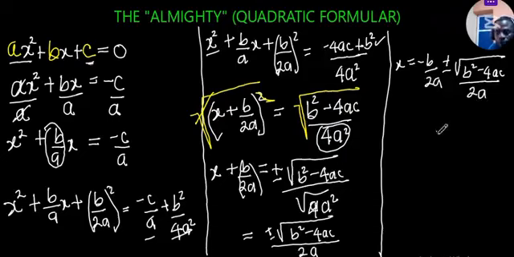2a. Now let's find the LCM. The LCM of 2a and 2a is 2a. 2a into 2a is 1, and 1 times this is minus b. Plus or minus, 2a divided by 2a is 1, and 1 times everything here leaves the whole numerator.